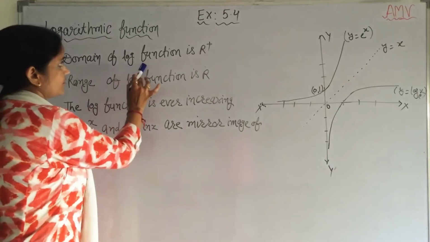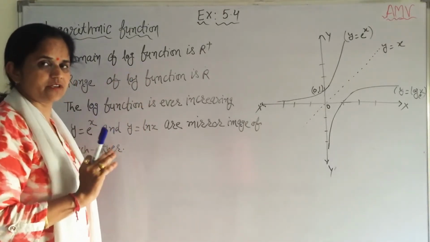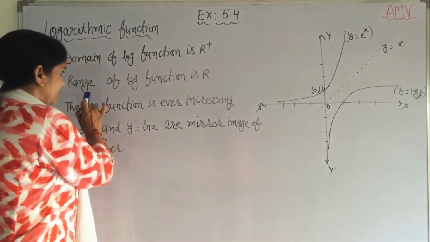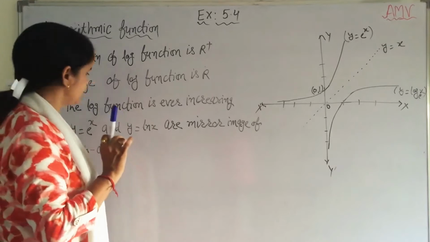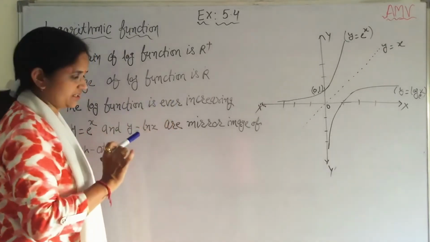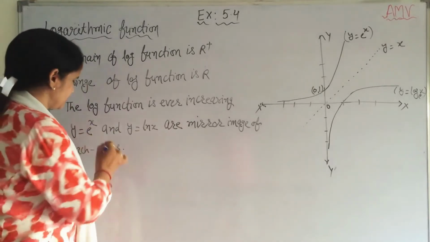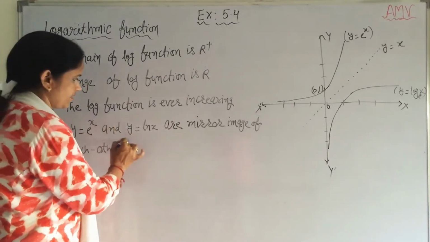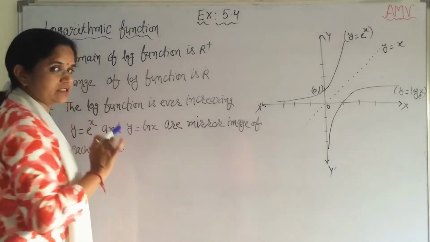The domain of the log function is R plus, the set of all positive real numbers, and the range of the log function is R, the set of all real numbers. The log function is ever increasing, and y is equal to e raised to x, the exponential function, and the logarithm function are mirror images of each other.